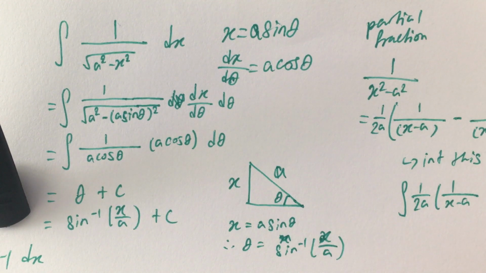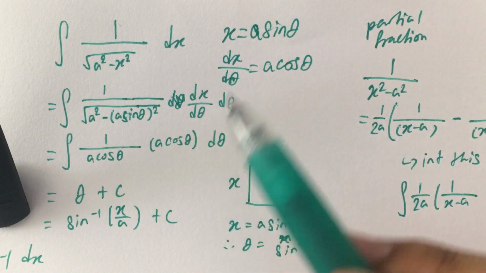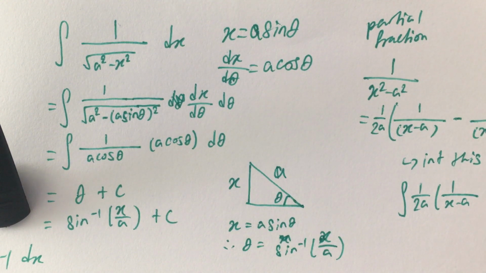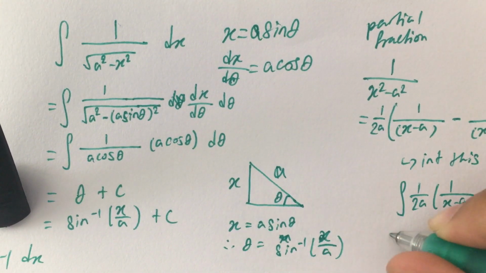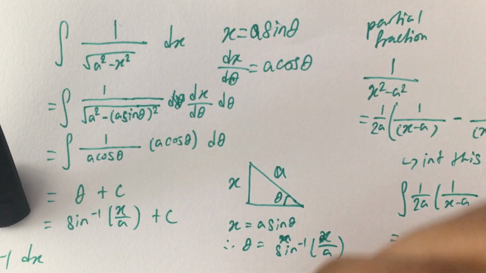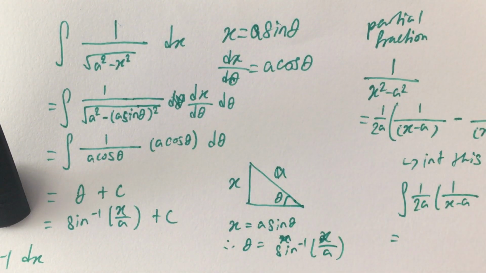You must say x is within this range, just to be extra careful about it. And I think that's also required. And of course, don't forget your arbitrary constant.